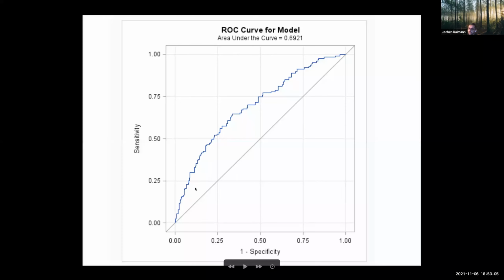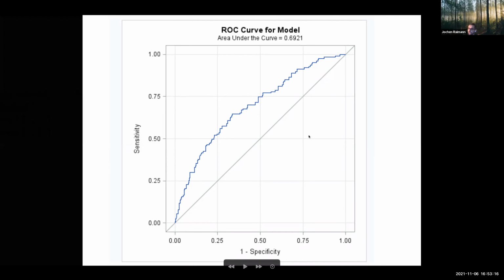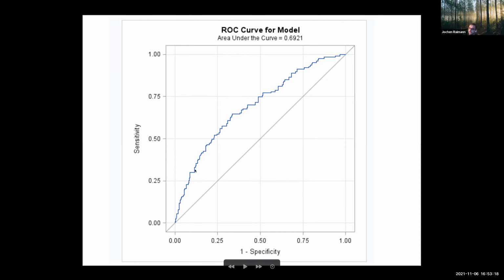You get here that curve that depicts each of your entries, and these entries are consistent with the entries you've seen here in the histogram. For each of your entries, you basically get this curve and the area under this curve. So if you look at the line of identity, you have here 50%. Everything above that gives an area under the curve greater than 50%, meaning your prediction is better than flipping a coin. The perfect total area under the curve would be 1.